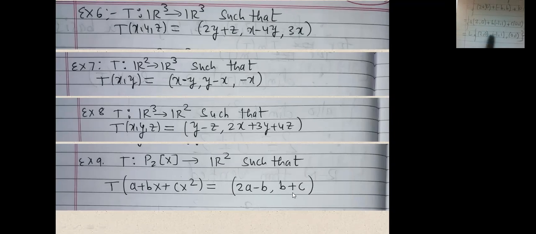Express (2, 0) as the linear combination of this and this, or you can write this vector as the linear combination of the first vector and the third vector, or you can write the third vector as a linear combination of the first vector and the second vector. So now you can do whatever you want.